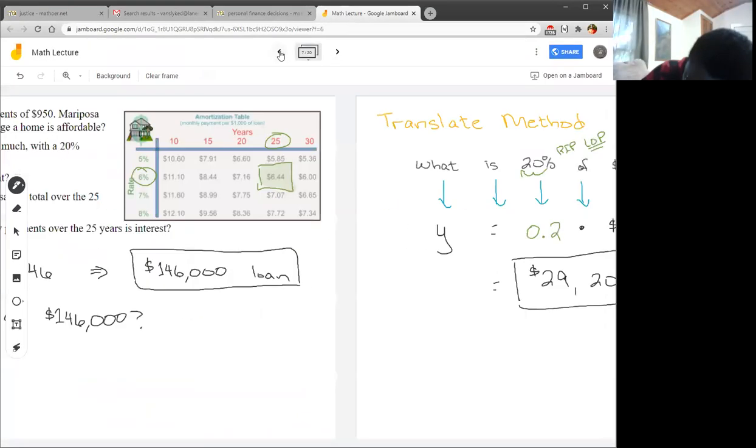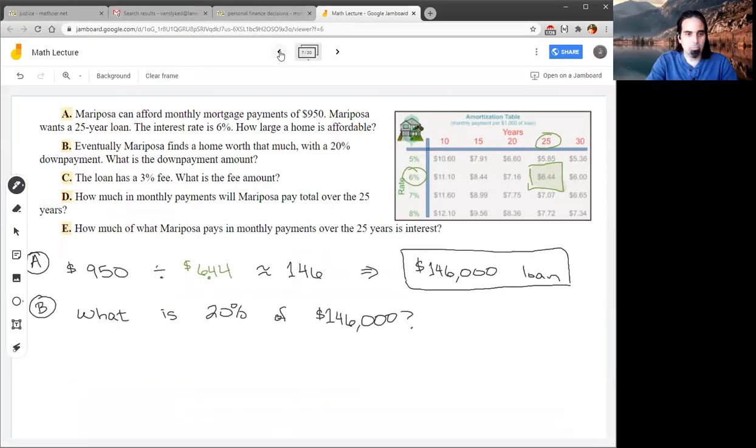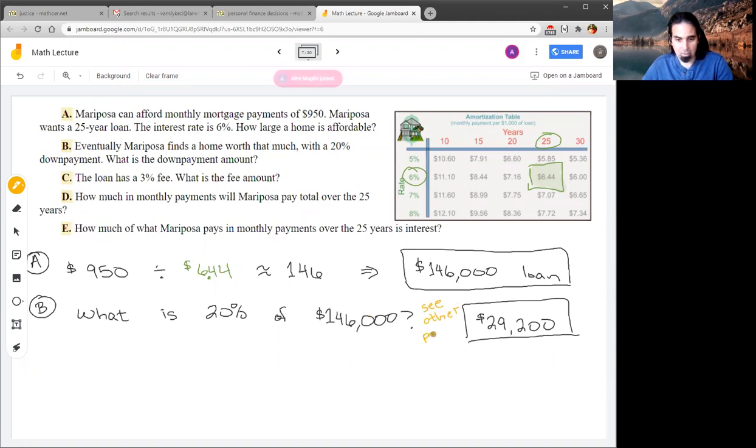Okay, so 29,200 is our down payment. Okay, part C. The loan has a 3% fee.